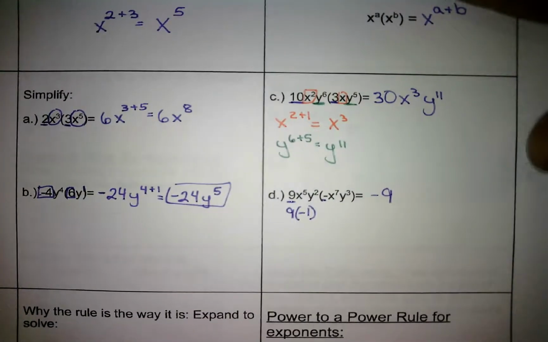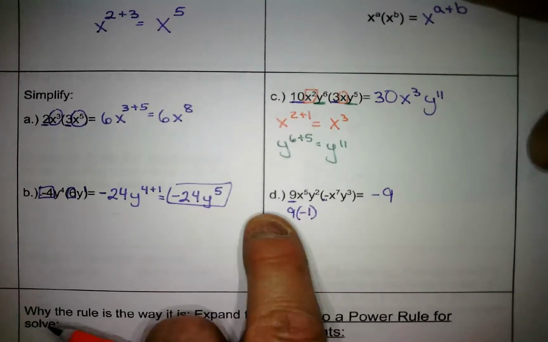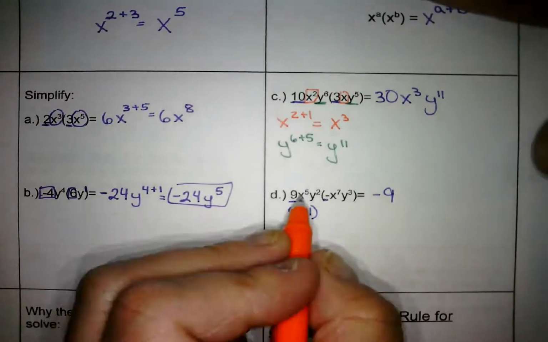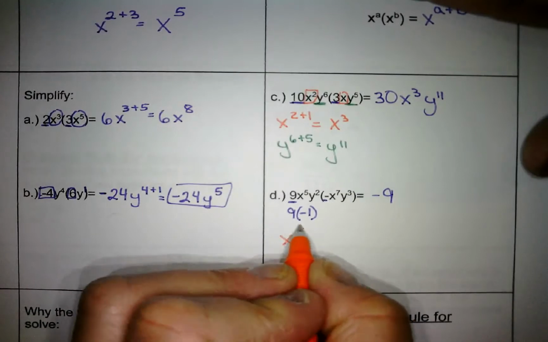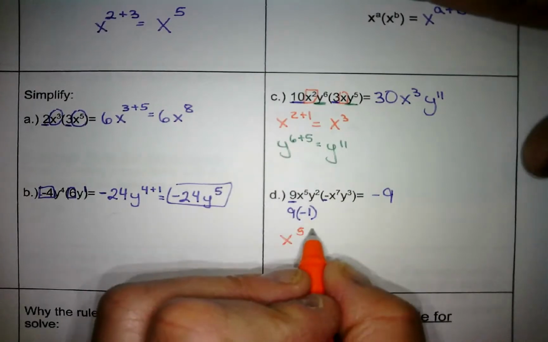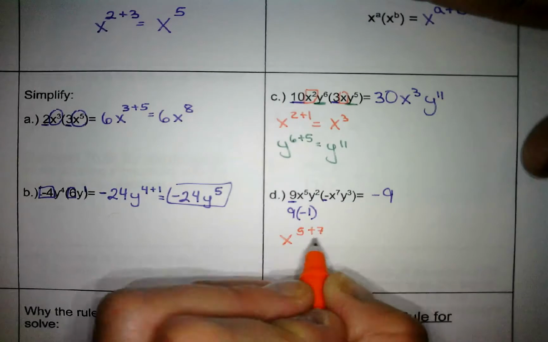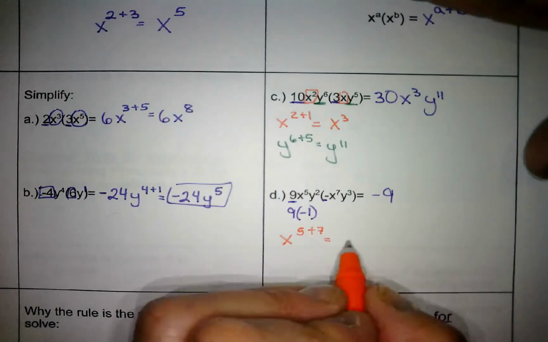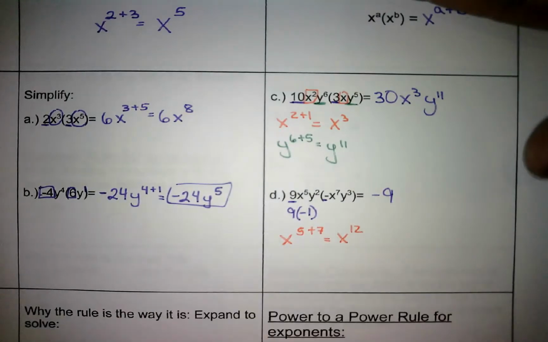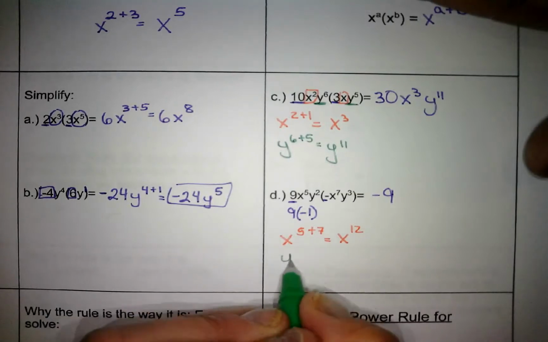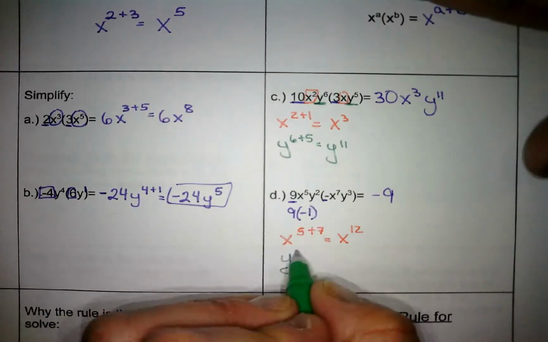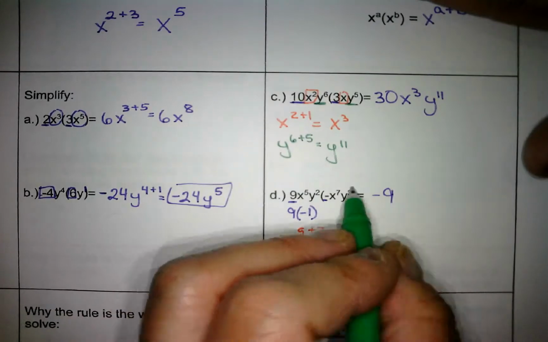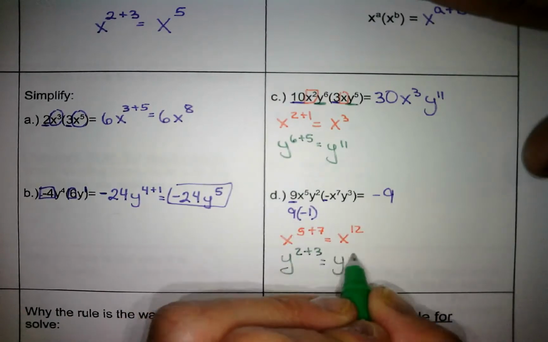I'm going ahead and writing these various bases down below just like I did before. So I have an x to the 5th times an x to the 7th, which is x to the 5 plus 7, which is x to the 12th. Now let's do our y's. We have a y squared, so that's a 2, plus y to the third is 3, so that's a y to the 5th.